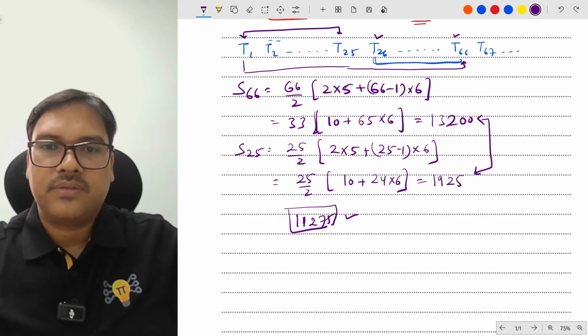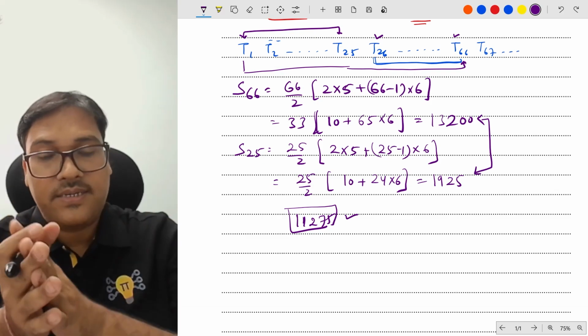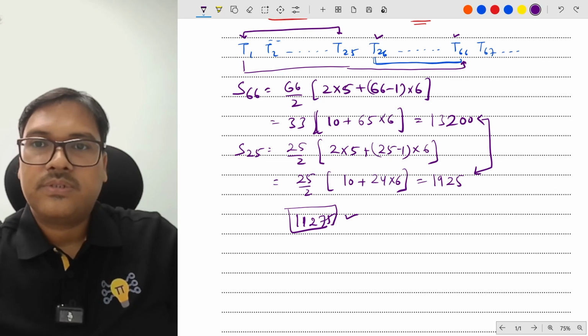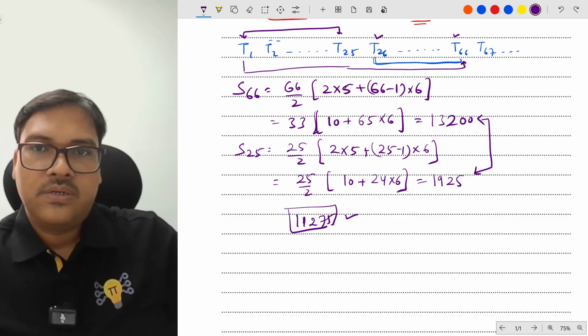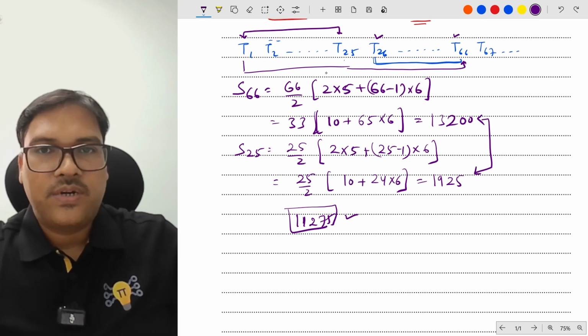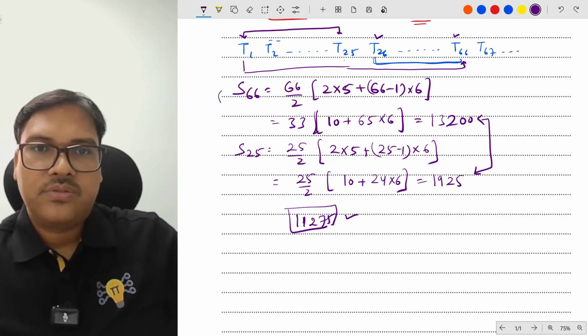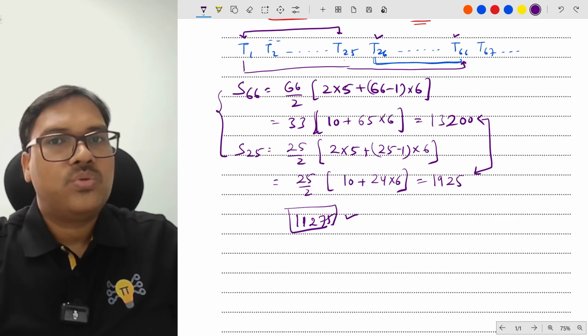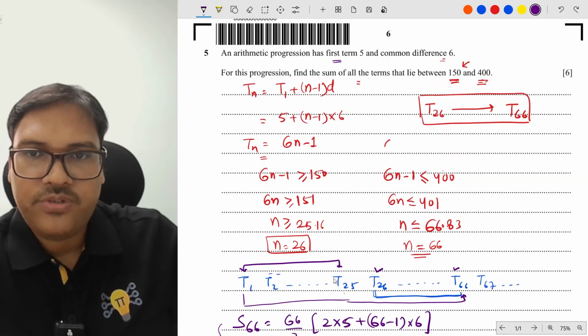This is an interesting question. What we have done is worked around: we got the sum till the 66th term and subtracted the sum till the 25th term. That gives you the sum of the terms between 26 and 66. I hope this is clear.